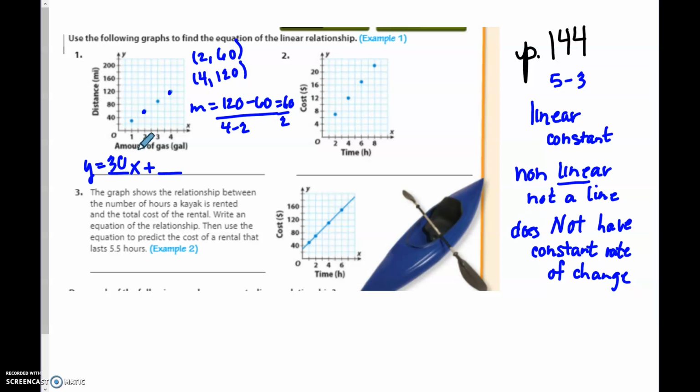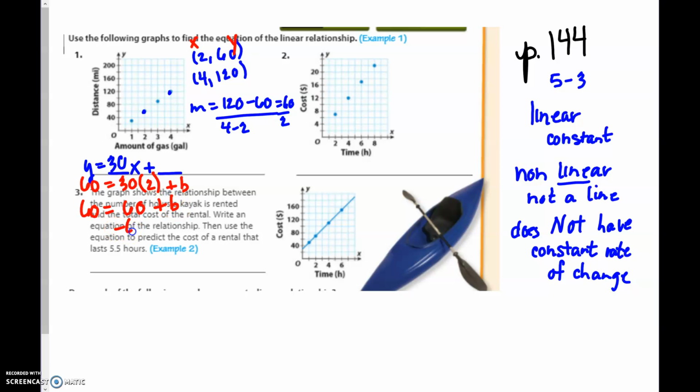Now I need to take one of these ordered pairs, it doesn't matter which one, and plug it in for x and y. In place of y, I'm going to put 60, and in place of the x, I'm going to put a 2, and I'm going to solve for b. So I have 60 equals 60 plus b.